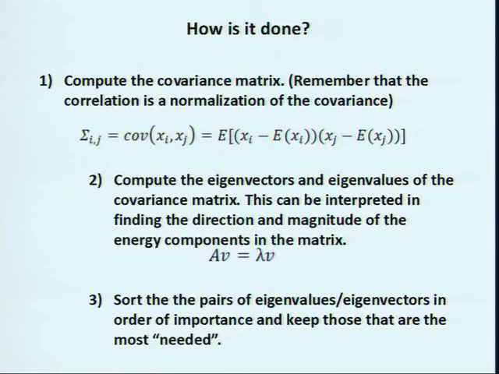Once you found these eigenvectors and eigenvalues, there's no guarantee that you find them in the right order, but you can just sort them afterwards. Like I told you, the eigenvalues and the eigenvectors are paired together, so you sort the eigenvectors by the magnitude of the eigenvalues, and this is when you can decide to drop those that have the least importance.